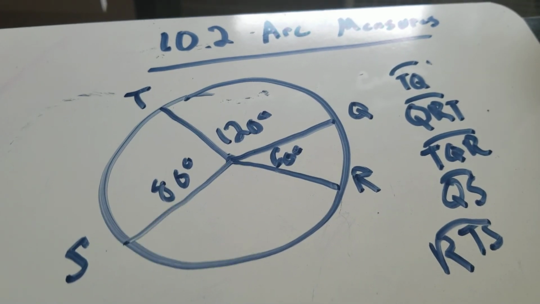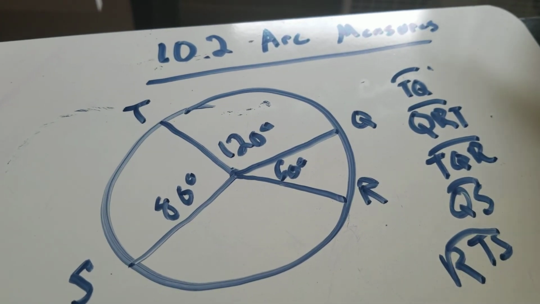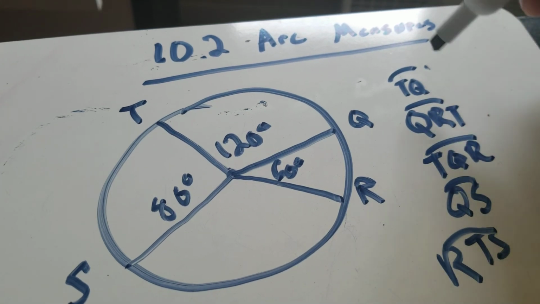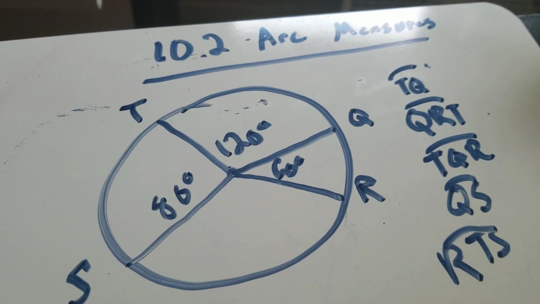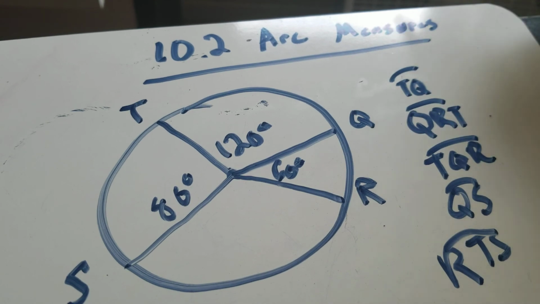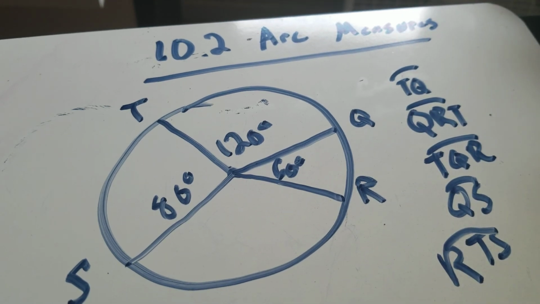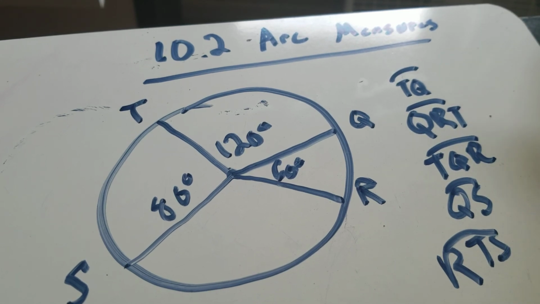All right. So we're going to do two things. Tell me how long it is, and tell me if it is a minor, major, or a semicircle.